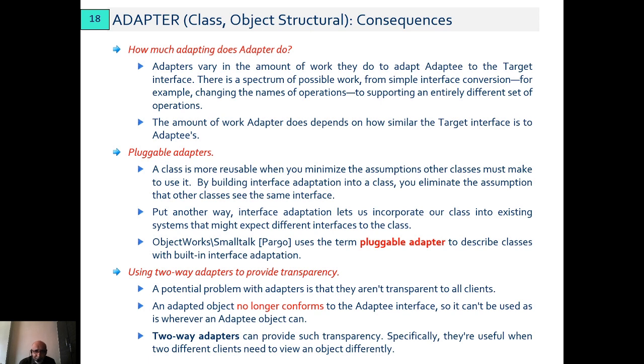Likewise, a single adapter works well with multiple kinds of handsets. You can rank it as a pluggable adapter, right? Two-way adapters can be used to provide transparency. Transparency between what? The adaptee interface and the client. Right, so two-way.